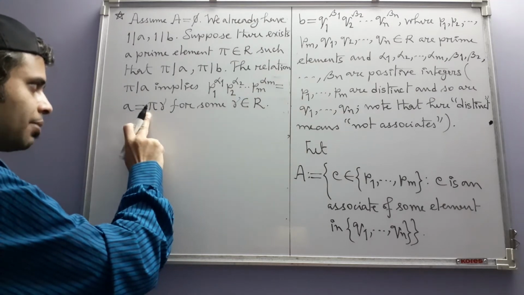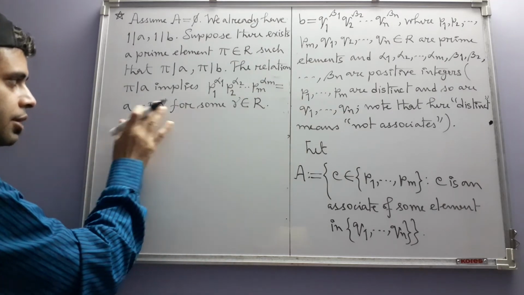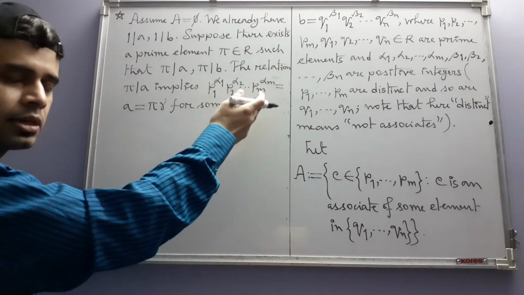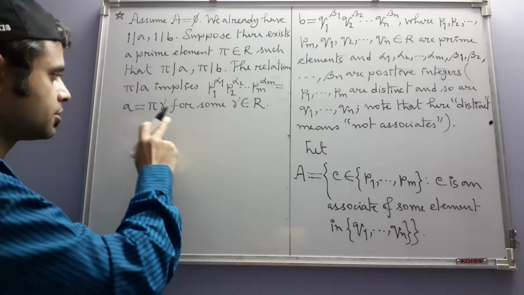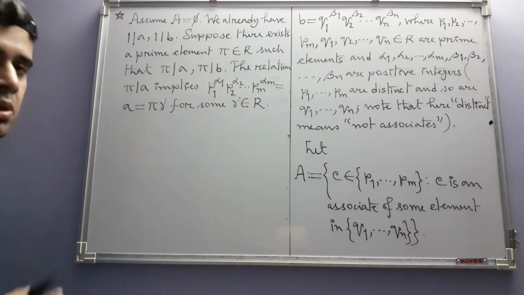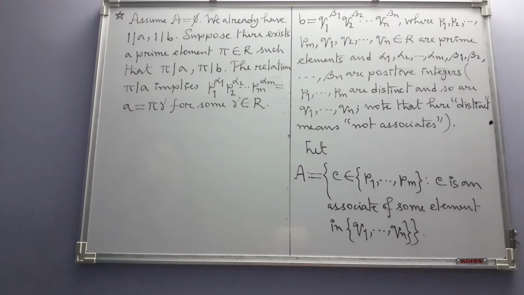That along with pi will give us another prime factorization of a. From there also, using uniqueness of prime factorization up to associates, again pi has to be an associate of some p_i. Okay.